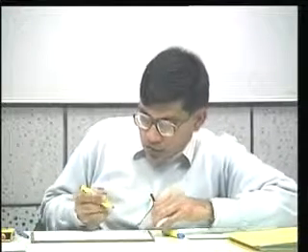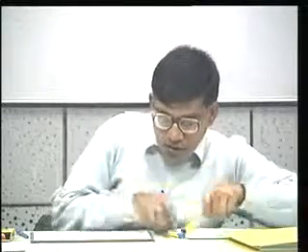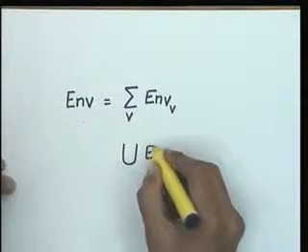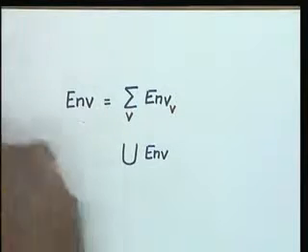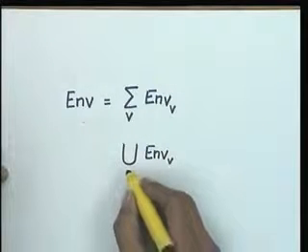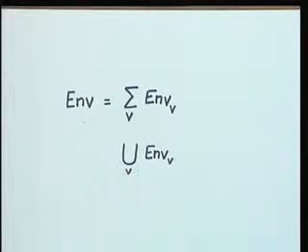What I mean is, if I consider unions of environments, rather than what is known as a disjoint summation, then there is a possibility that at some point you might have two environments which are supposed to be distinct in some logical way, but it so happens that they represent the same function.